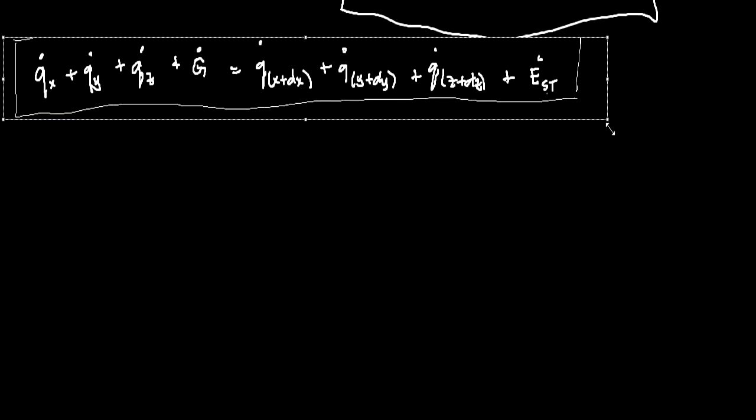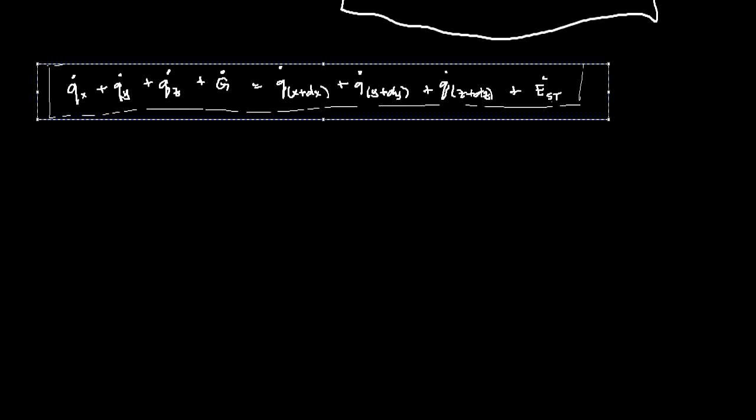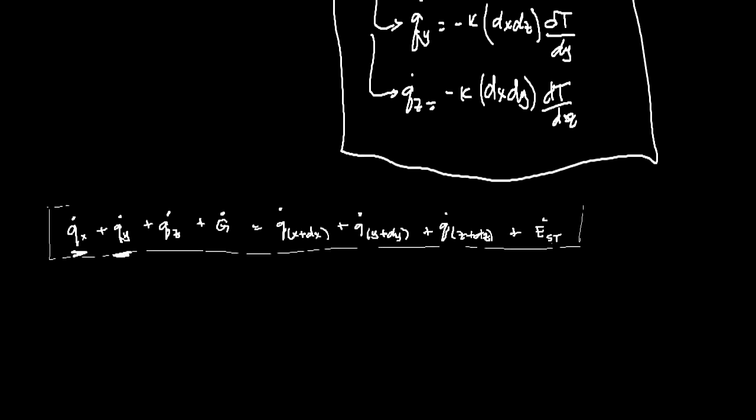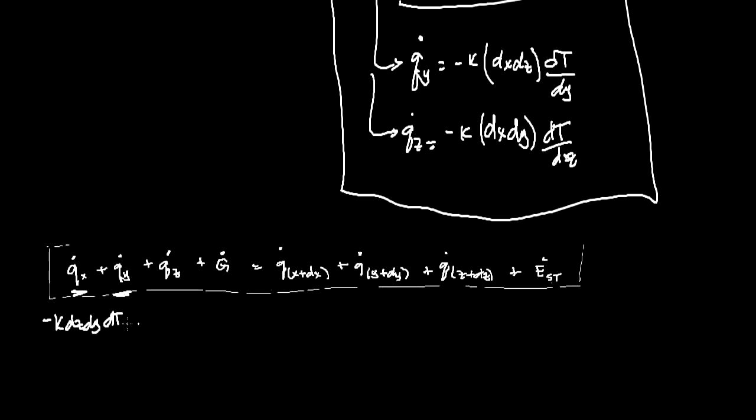So this is now our general equation from our energy balance, and we can now substitute the values of our Q. For Qx, we have this term: negative k dz dy dT over dx.